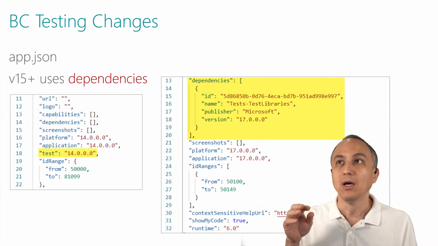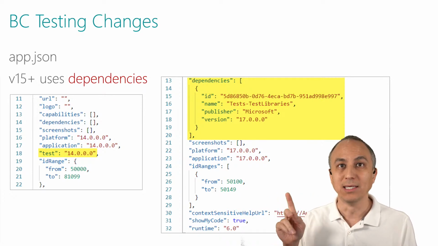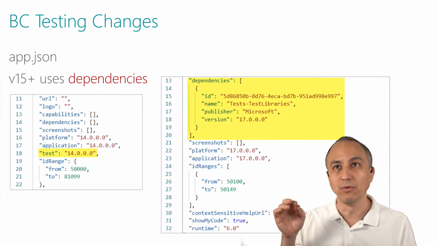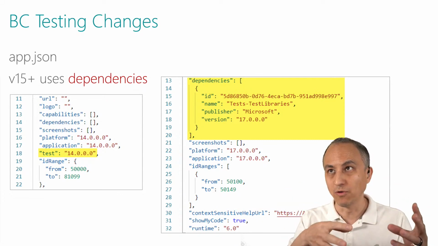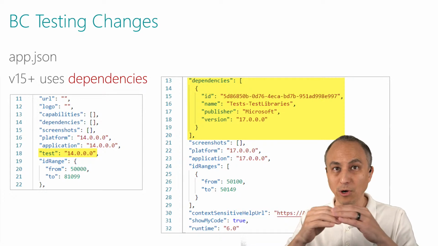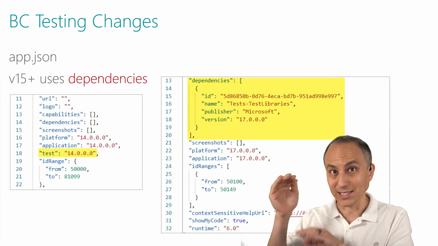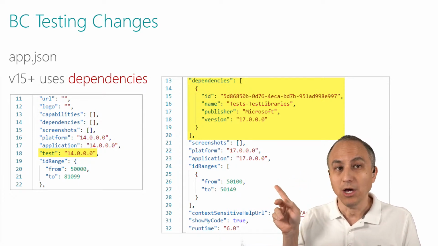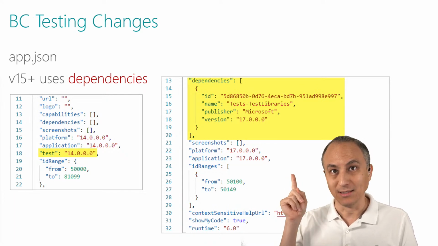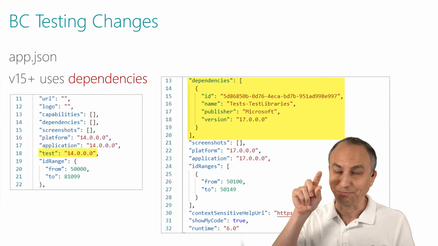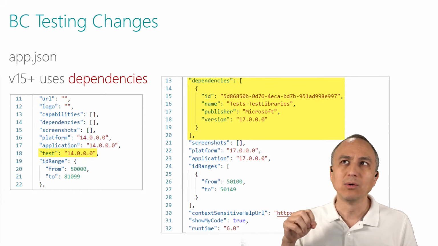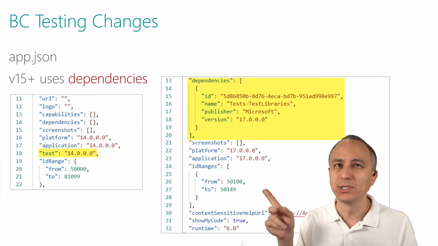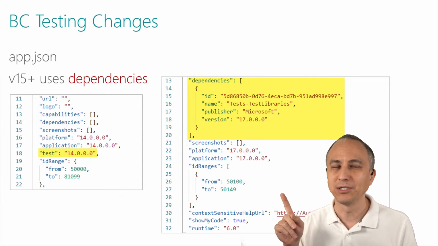Okay, so now what apparently has happened is in version 15 and higher, they took what might have been a monolithic test app. I don't know what the structure was before, but now they are broken out into 33 different test libraries. And you have to list them as individual dependencies now. And I don't know if I've ever used the dependencies section of app.json.